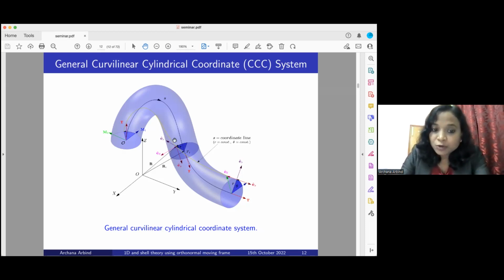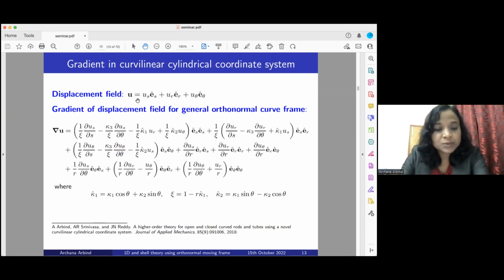With the help of the orthonormal frame, all the derivational complexity is reduced drastically. For example, if the displacement field is US, U theta, UR in these three directions, then the gradient would be given by this. We have derived this in great detail in this paper. If one wants to see, they can refer to it.